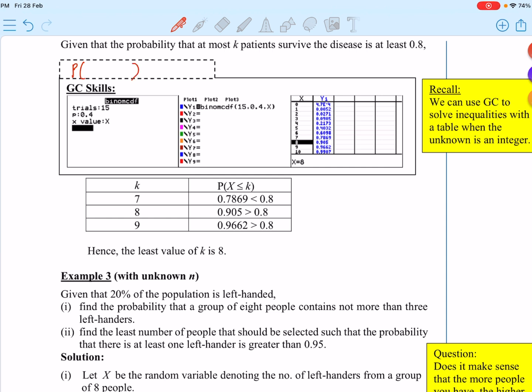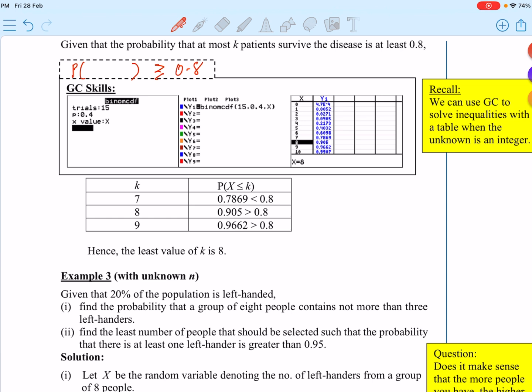So what does at least 0.8 represent here? This represents the probability, so it must be outside the bracket. So this is 0.8. So what does at least mean? At least means greater than or equal to. So we write here greater than or equal to.